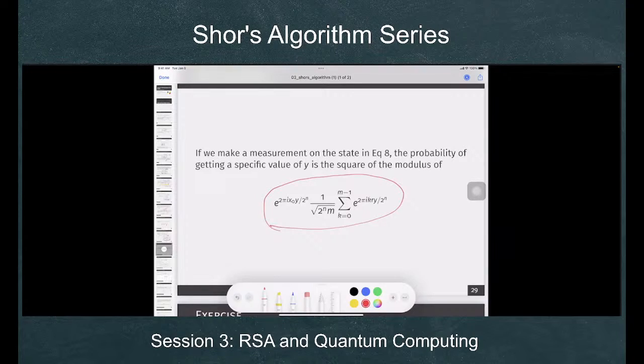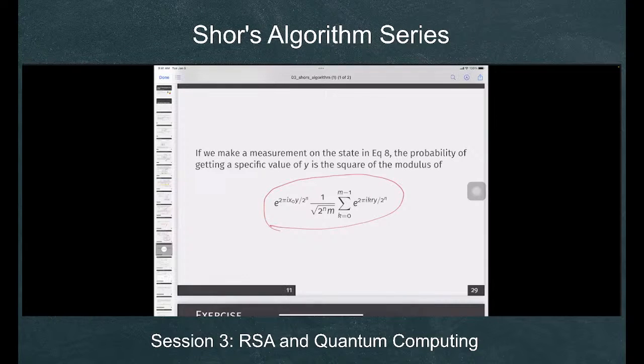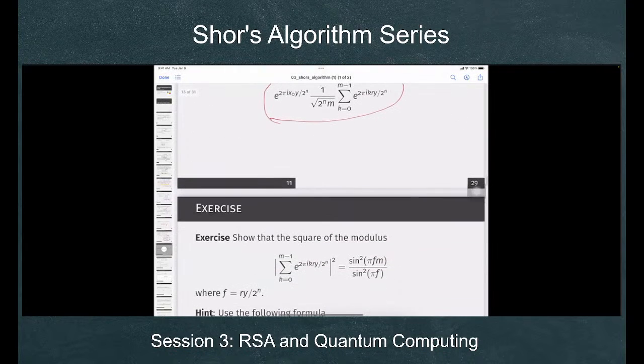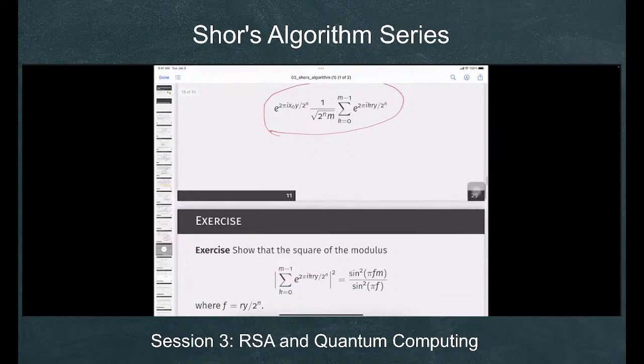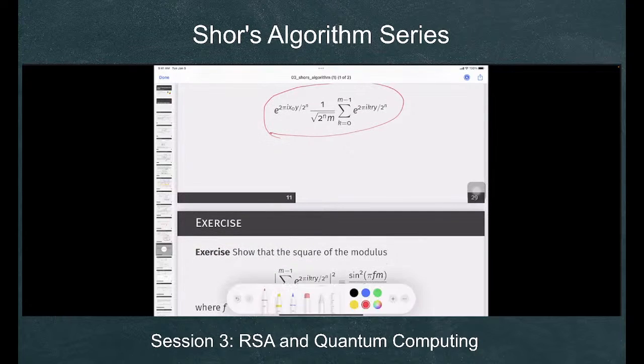So if you square that, this is what you'll get. Now, by the way, this factor here, I always forget.